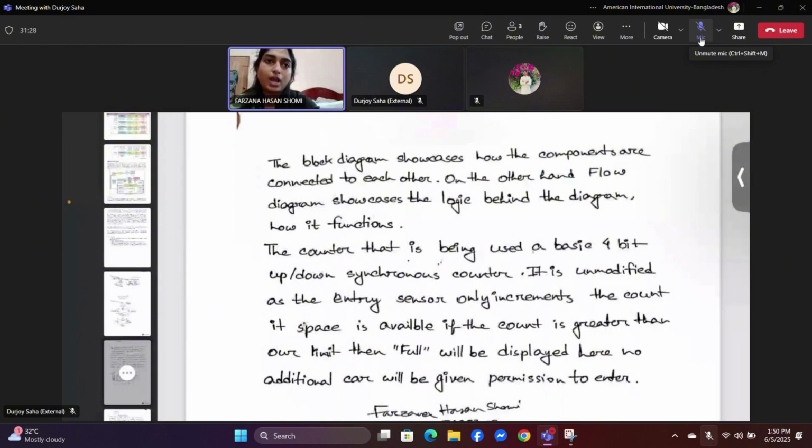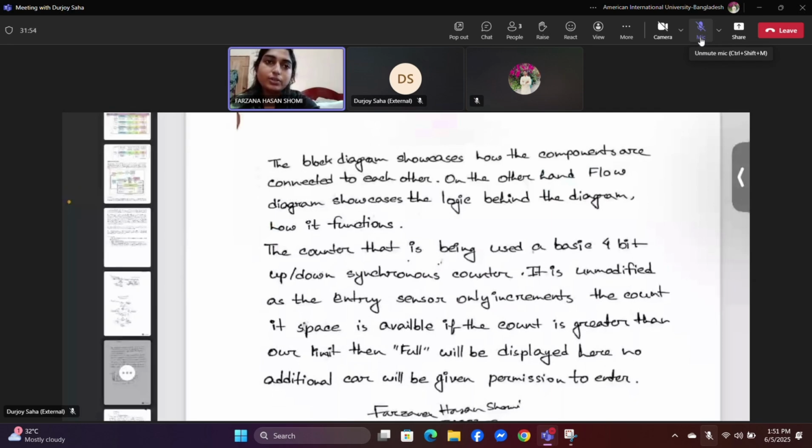The block diagram shows how all the components are connected, like the keypad, sensors, counters, timers, and display units. It gives us an overview of how the system is structured. The flow diagram, on the other hand, explains the logic behind the process, how the system responds when a car enters or exits, and how it decides when to show full or space available.